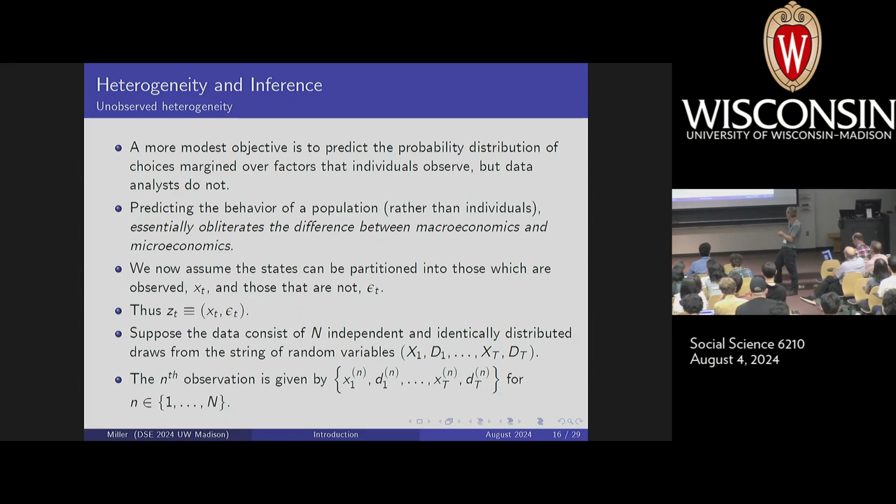And you got these x's that reflect the states that we observe from, say, 1 to the end of their lives, make it simple, cap T. And here are the decisions that they make based on z, which is x and epsilon.